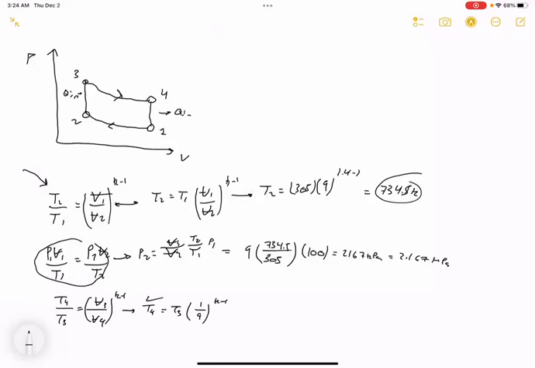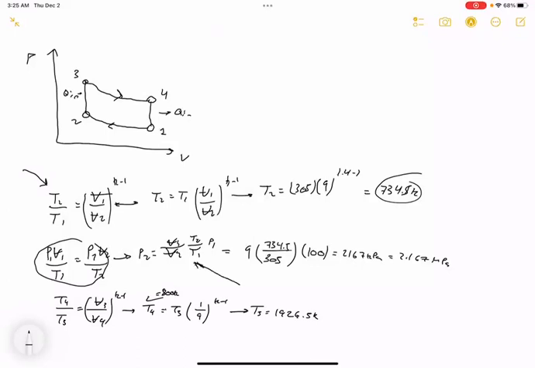So if we solve for T3, we'll get T3 is equal to 1926.5 Kelvin.